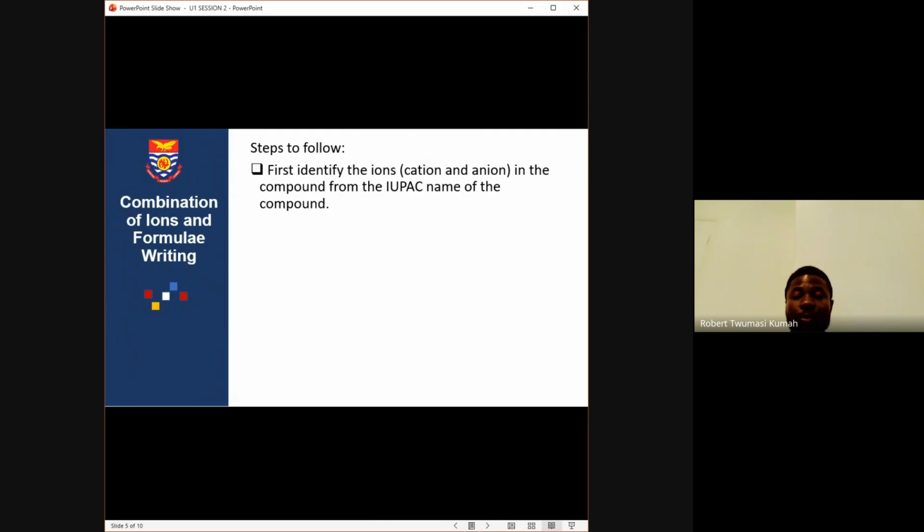The first thing to do is to identify the ions in the compound from the IUPAC name of the compound. Obviously, you'll be given the IUPAC name of the compound. And if you know the IUPAC name, at least it becomes a bit easy to proceed.